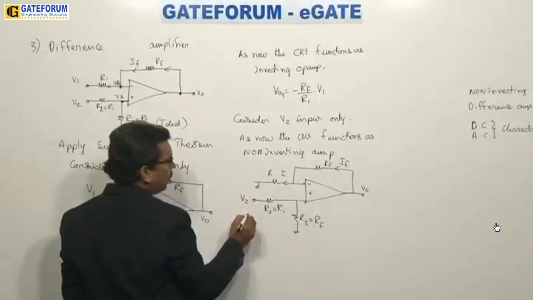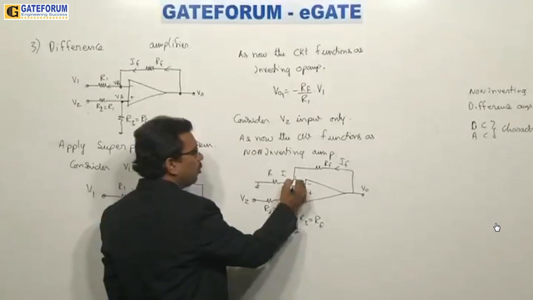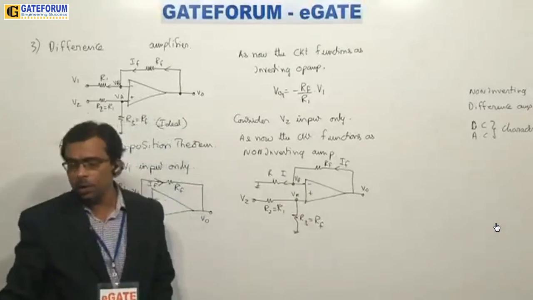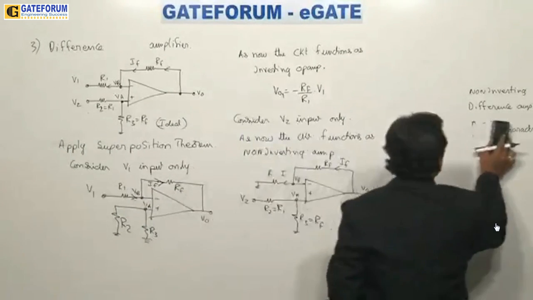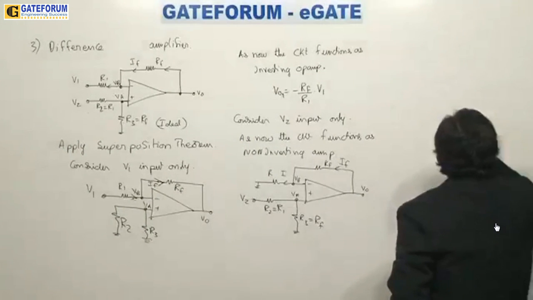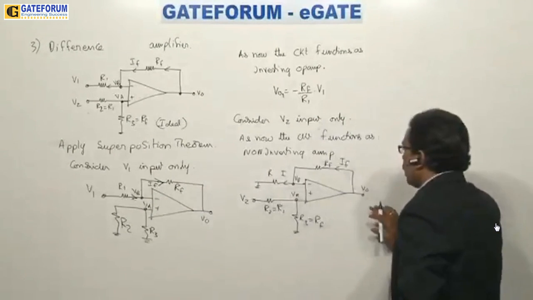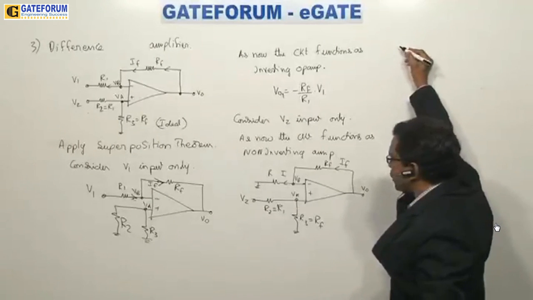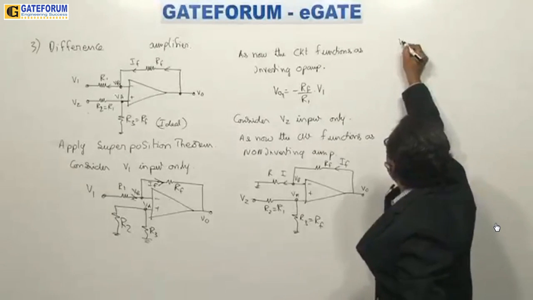Now I give V2 as input here. This will be the VA voltage, and VB voltage will be here. As the op amp is ideal, due to virtual ground, VA should be equal to VB. Now you need to take this point like this.